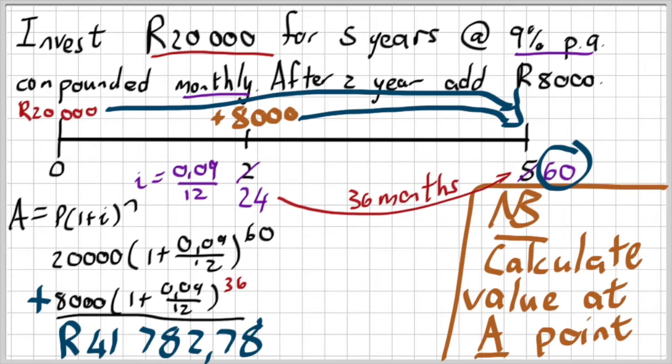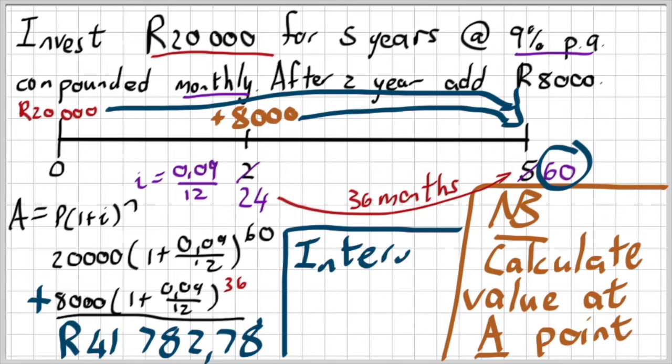Now, what I'm just thinking about as I'm recording now, how much interest did this person earn in this time? Now, think about this. They invested 28,000 Rand, but they end up with 41,000 Rand.